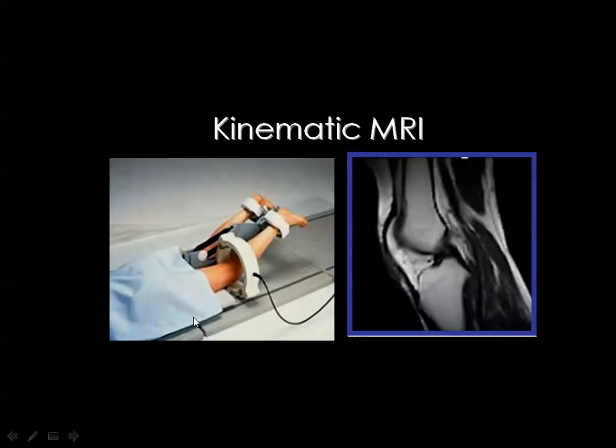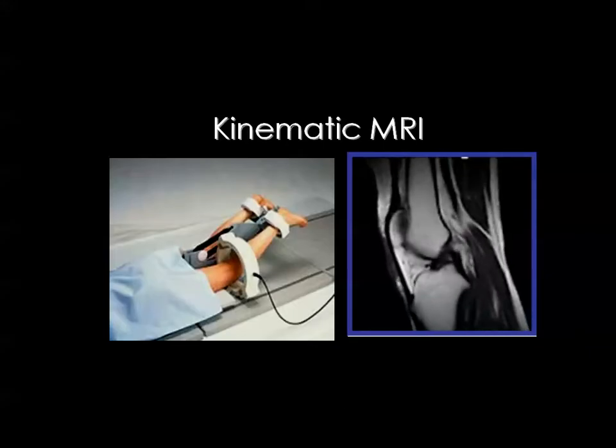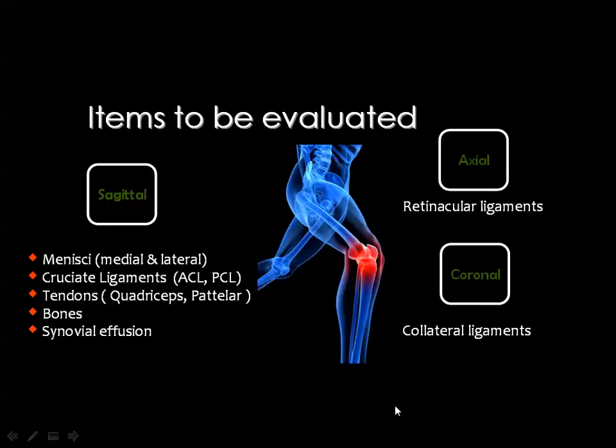And actually, this, in my opinion, has now been replaced by the dynamic imaging or the cine MRI, which enables the radiologist to see the motion of the joint in real time, almost similar to that of the ultrasound.